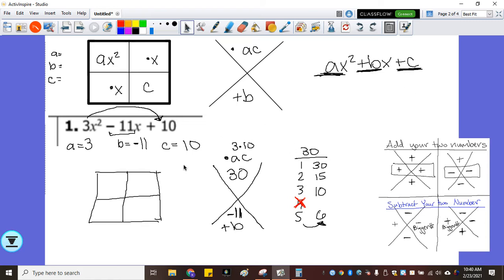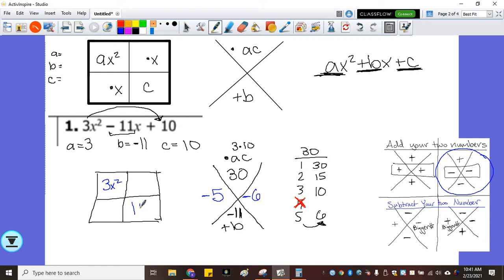Okay, so if we're adding to 11, 5 and 6 add to 11, but it has to be a -11. So like we said, that's this one over here. Both numbers have to be negative. So ax squared goes in the top corner.